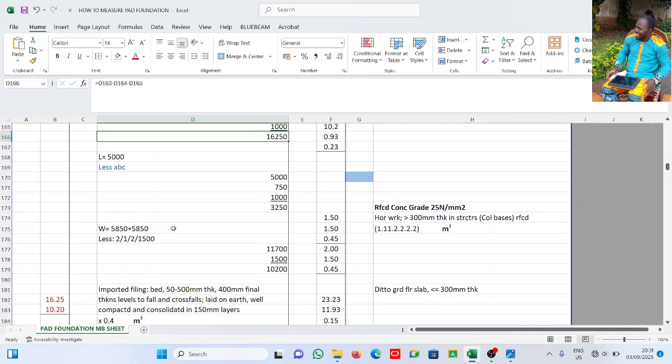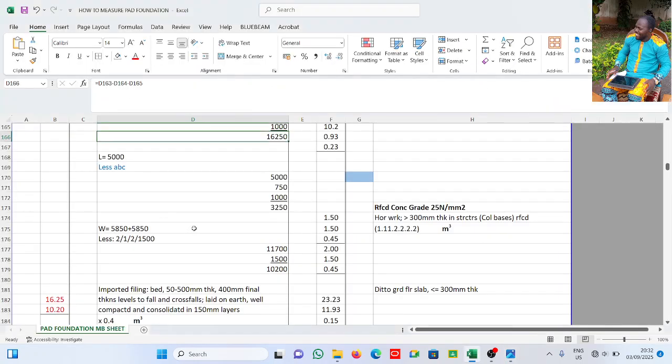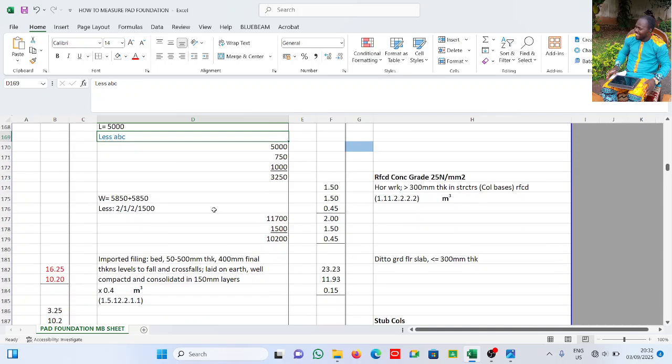Then for the other side, this one here, this is 500. I'm doing the same thing. Let's have this before calculated. Here is 1 by half by 1000. Here is 1 by half by 1.5. That's why I put ABC as before calculated.